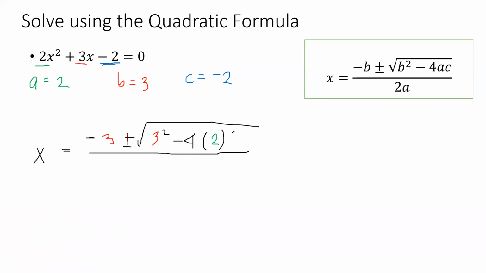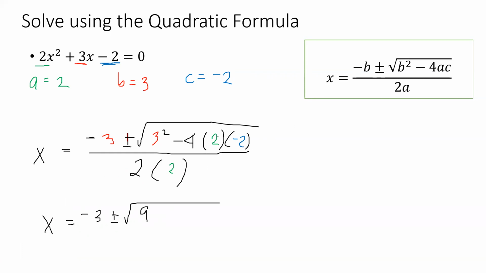And all of this has the denominator of 2 times 2. If we want to compute this value, we just simplify it. So x is equal to -3 plus or minus the square root of 3 squared, that means 3 times 3, so that is 9.